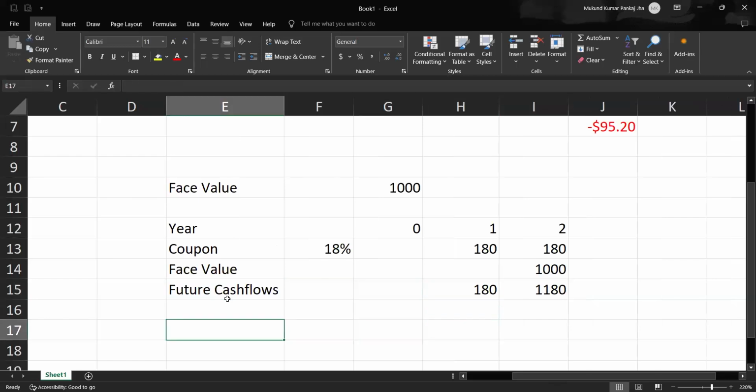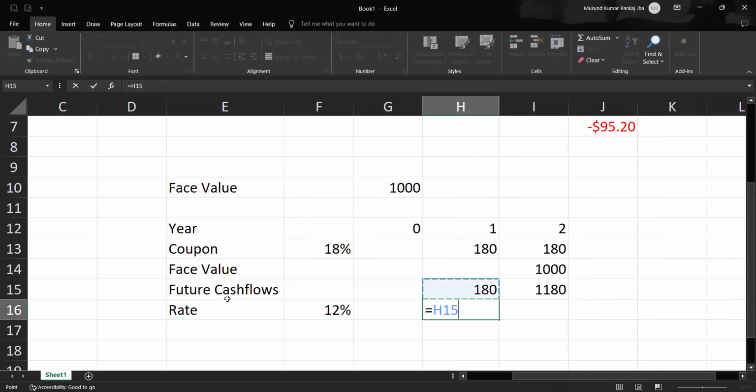Now, these are my FV. I want to get 1 plus R raised to N. So R, the rate, is 12%. So FV divided by 1 plus R to the power N. This is N, year 1. Year 1 means 1.